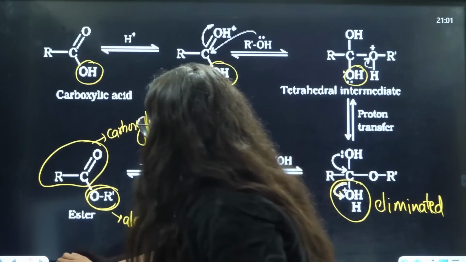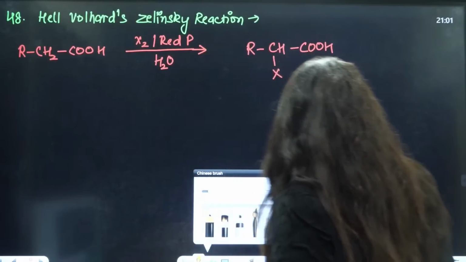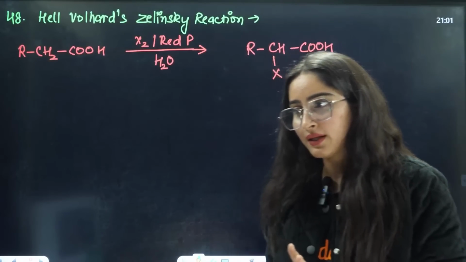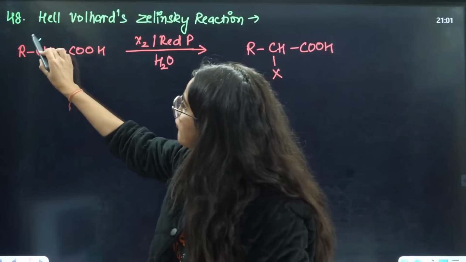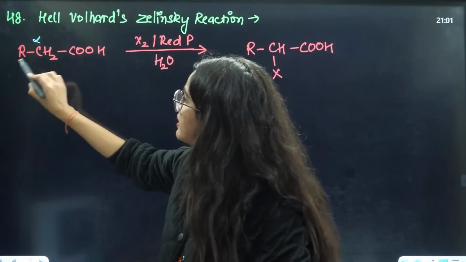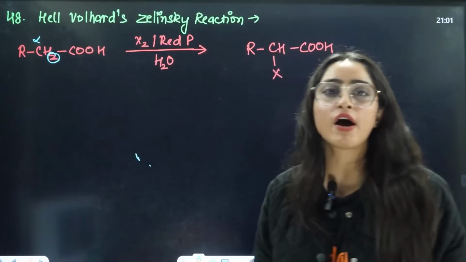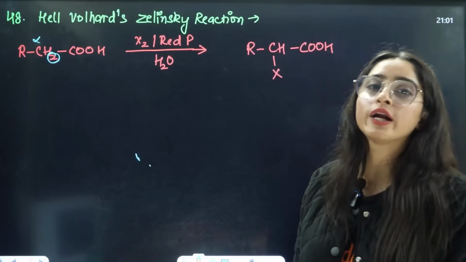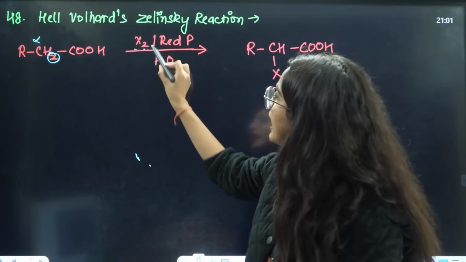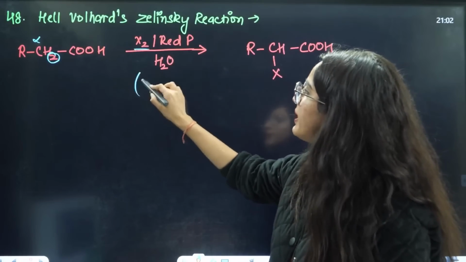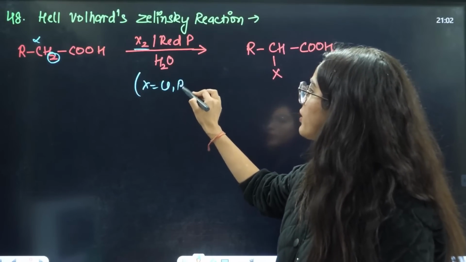Okay, now let us see the next one, that is the Hell-Volhard-Zelinsky reaction. In this, the hydrogen on the alpha carbon will be substituted by the halogen that you add here. For example, you are adding chlorine. This halogen will be either chlorine or bromine, okay?